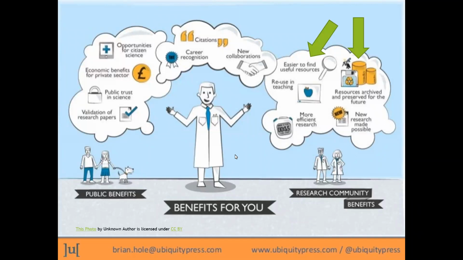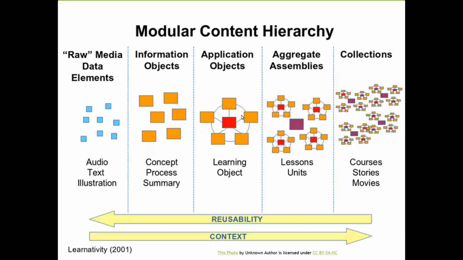Resources archived and preserved for the future, being able to participate as part of this community, easier for our users to find things. For the literary author, more recognition, selling more books, more partnerships, more fan fiction maybe. Who knows? But there's all kinds of opportunities in that.